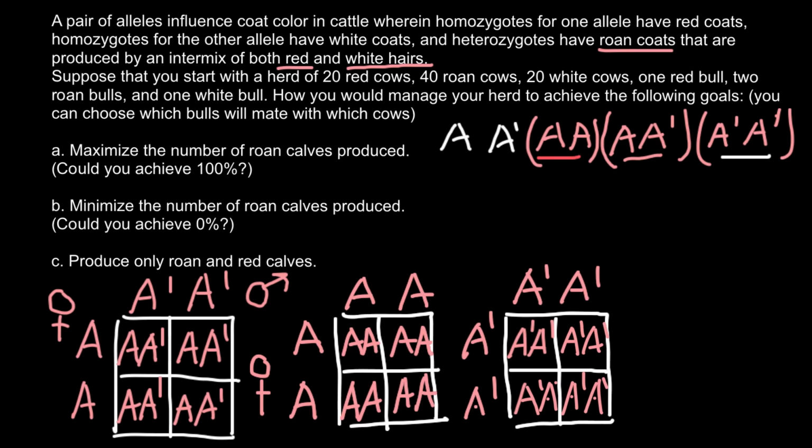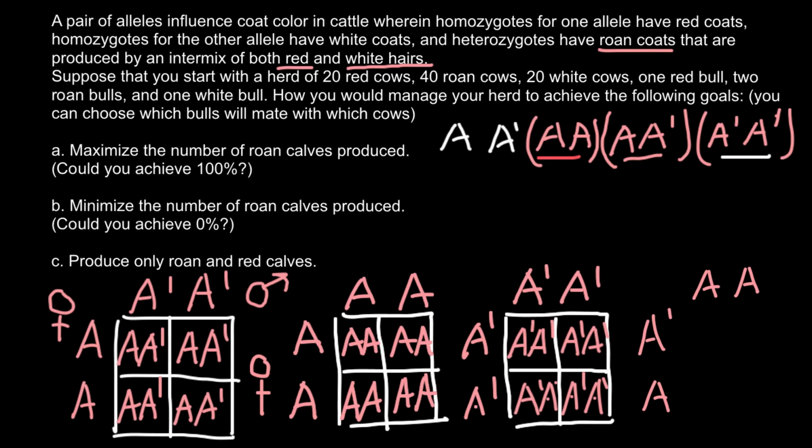So answer C, produce only roan and red calves. In order to reach this goal we have to take a cow that is going to be heterozygous, or roan, and cross with a bull that is going to be red.